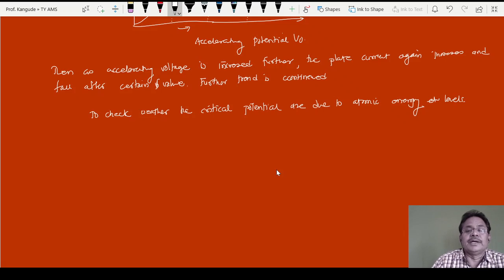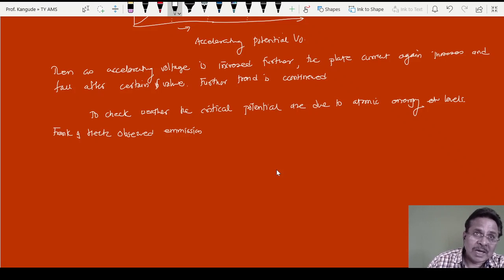To check whether the critical potentials are due to atomic energy levels, Frank and Hertz observed emission spectra. For different elements they carried out this experiment, once for mercury, then for sodium, then for some other gas or material, and the predicted values and the electron energies required for this fall and rise were found to be the same.